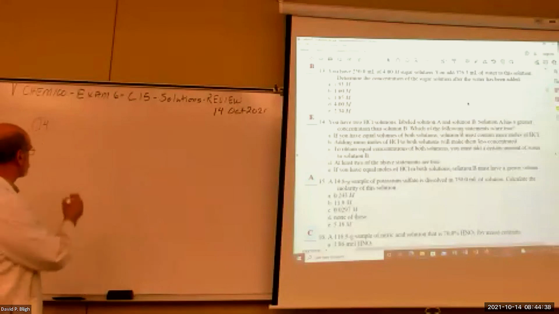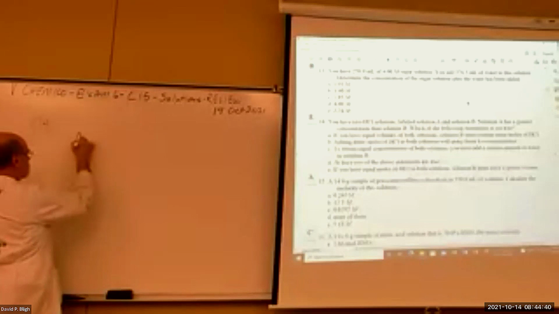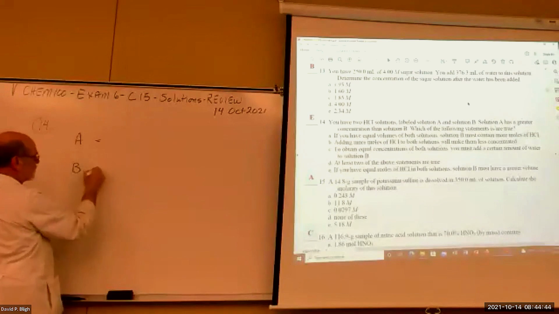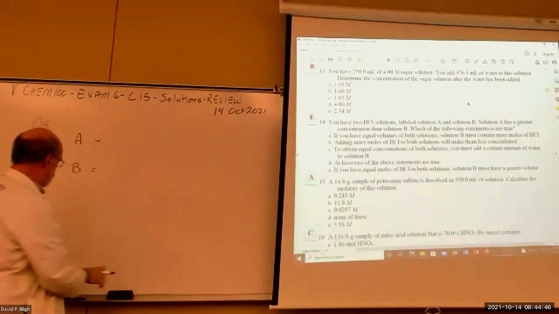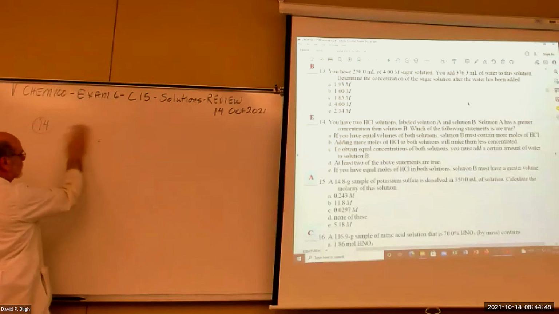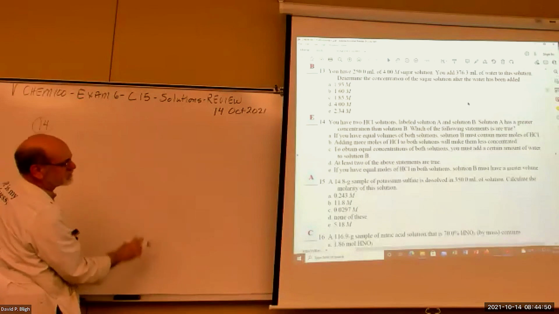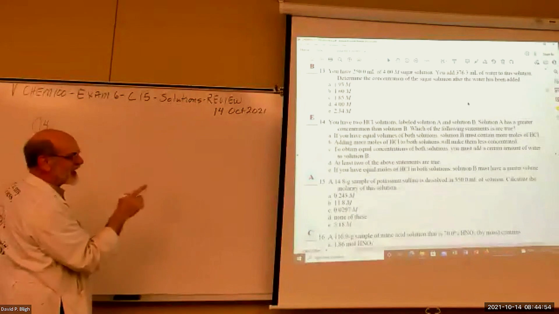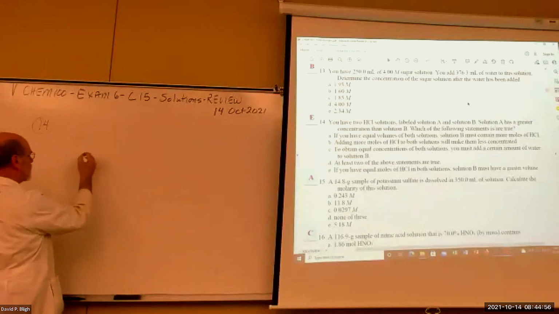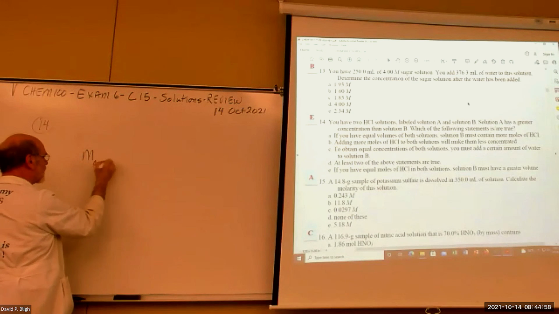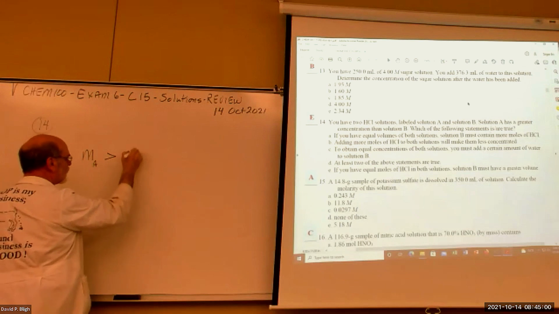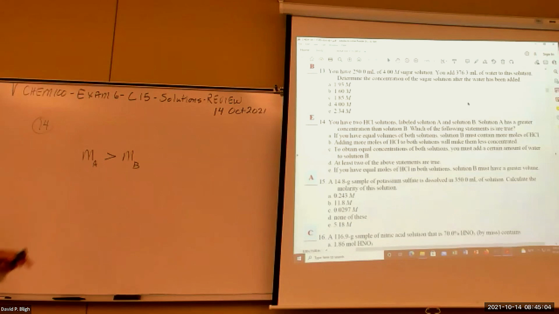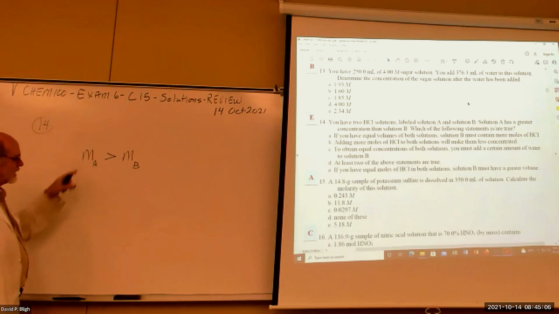You have 2 solutions, A and B. Solution A has a greater concentration than B, so the molarity of A is greater than the molarity of B. That's given. What does this mean?